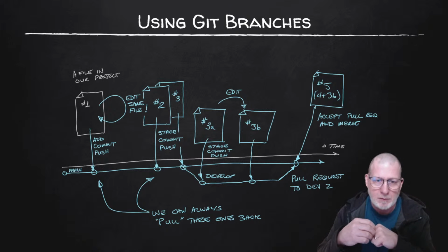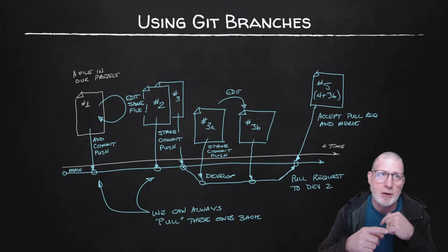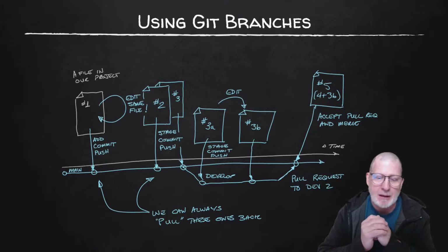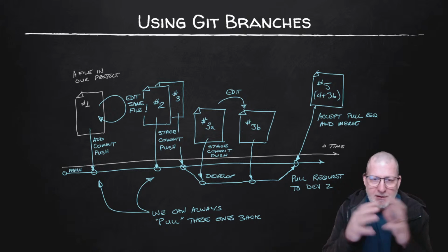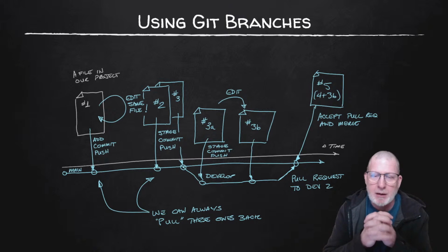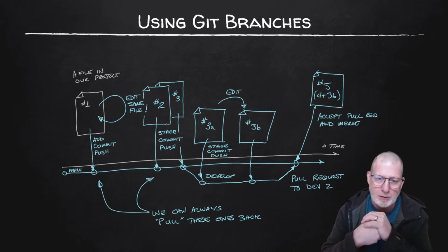I push develop into main when everything's done. Yeah, you don't push one branch into another, you pull one branch into the one you're currently in. That's one thing. You want to go both ways. That's the reality if you step back and look at the logic. If I'm working in develop, I want to pull main into develop in case anything changed and get me up to date.